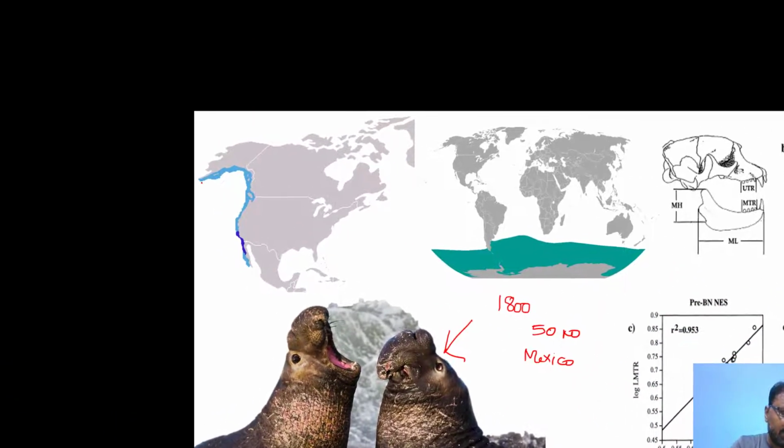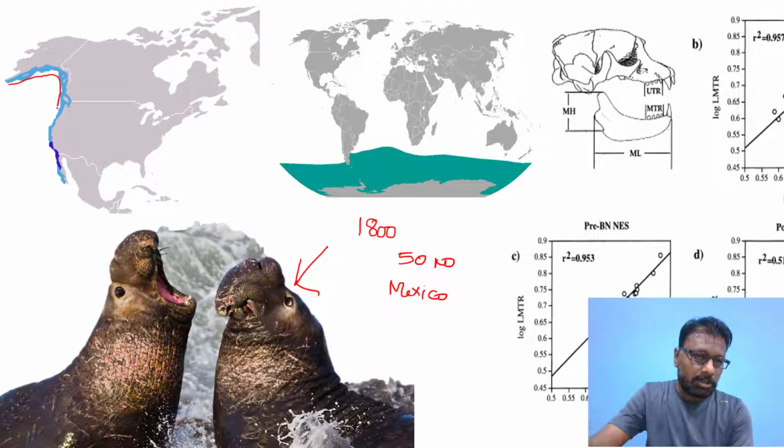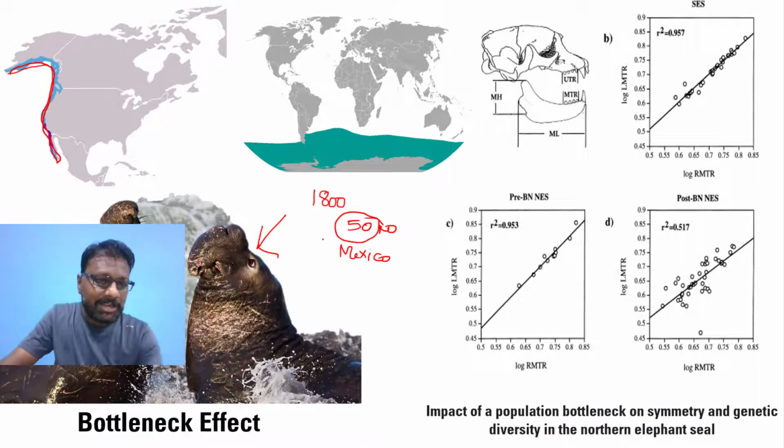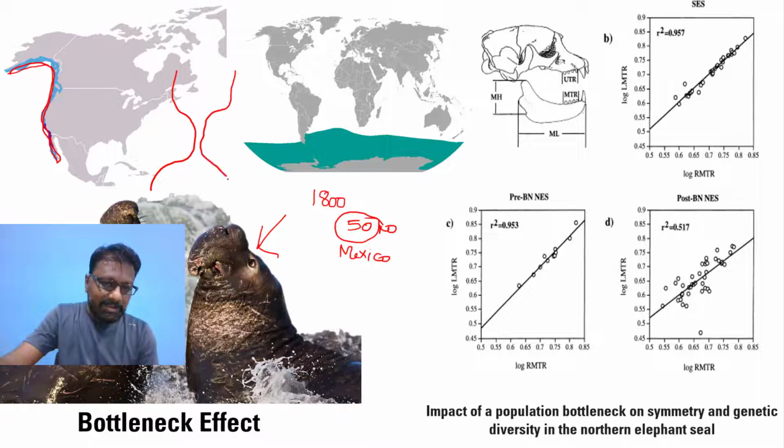Here you can see the northern coast of the US and Mexico, where these northern elephant seals are distributed. Due to various human activities the number dropped to 50 on one of the islands in Mexico, so the population clearly went through a bottleneck phenomenon. The population was really squeezed through a bottleneck due to human activities.